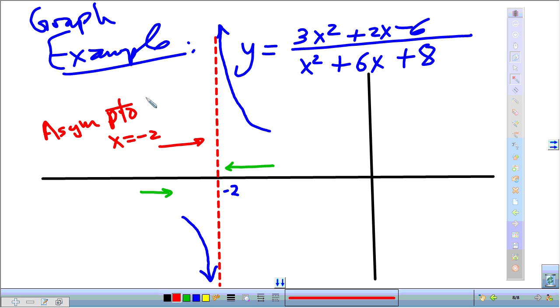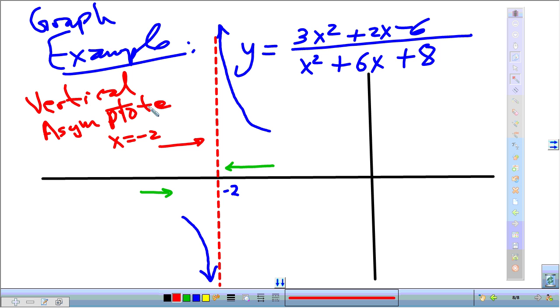So it has this asymptotic behavior. As we get closer, it looks more and more like this straight line. So up in here and down here. But that's a vertical line, so we would call that a vertical asymptote.